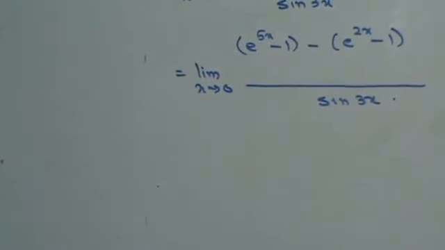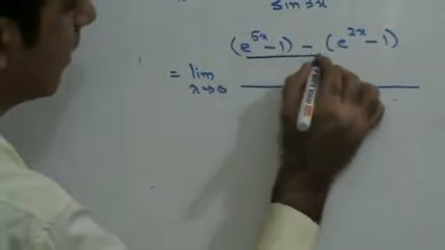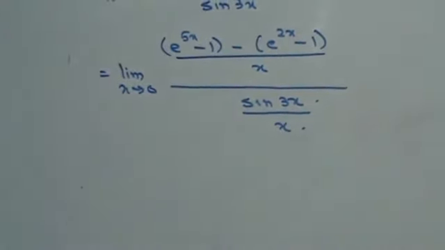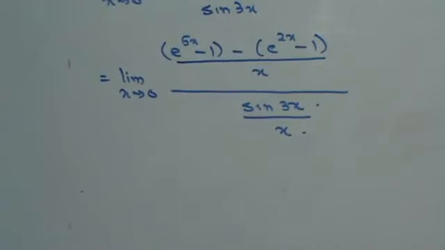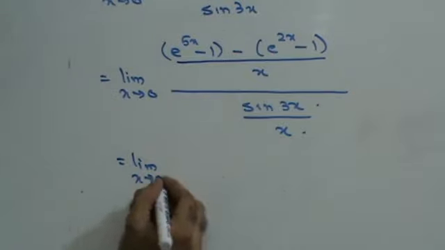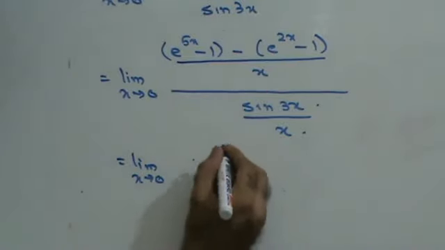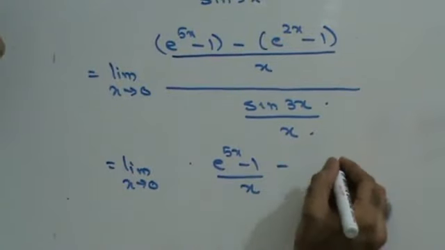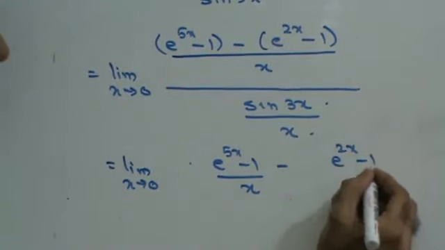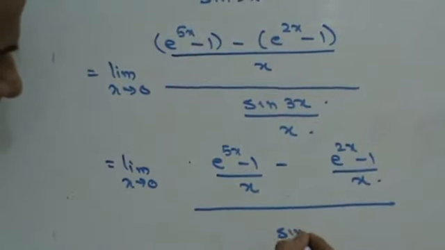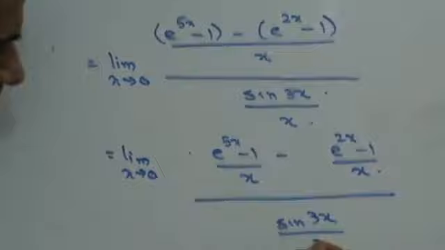Divide the numerator by x and the denominator by x. I am dividing the numerator and denominator by x. This can be written as limit of x tends to 0 of (e raised to 5x minus 1) upon x, splitting the numerator, minus (e raised to 2x minus 1) upon x, upon sin 3x upon x.